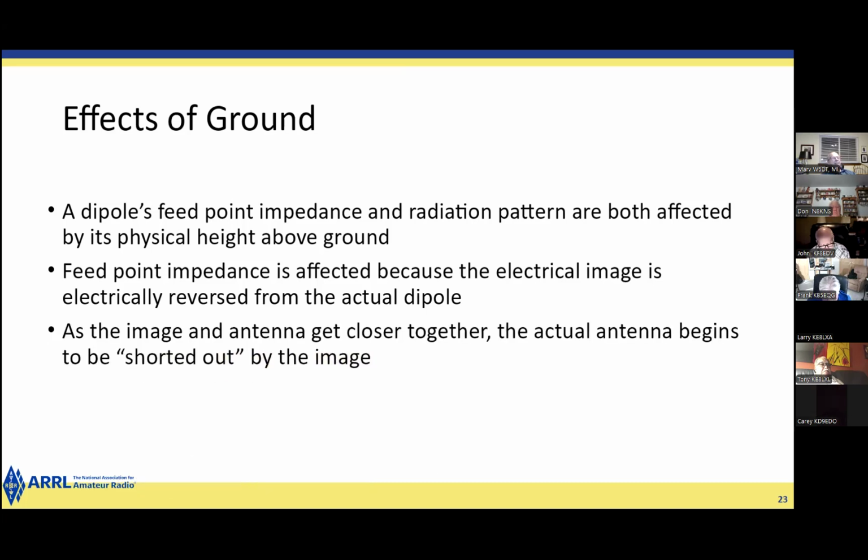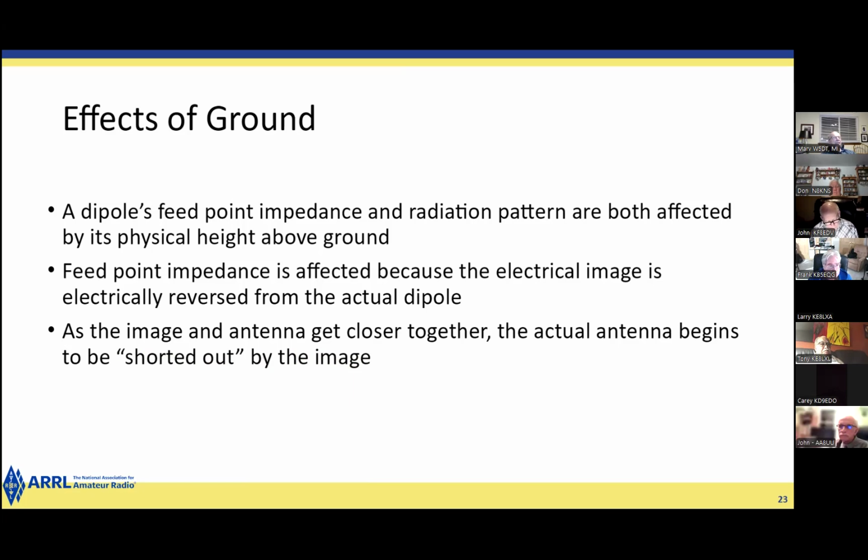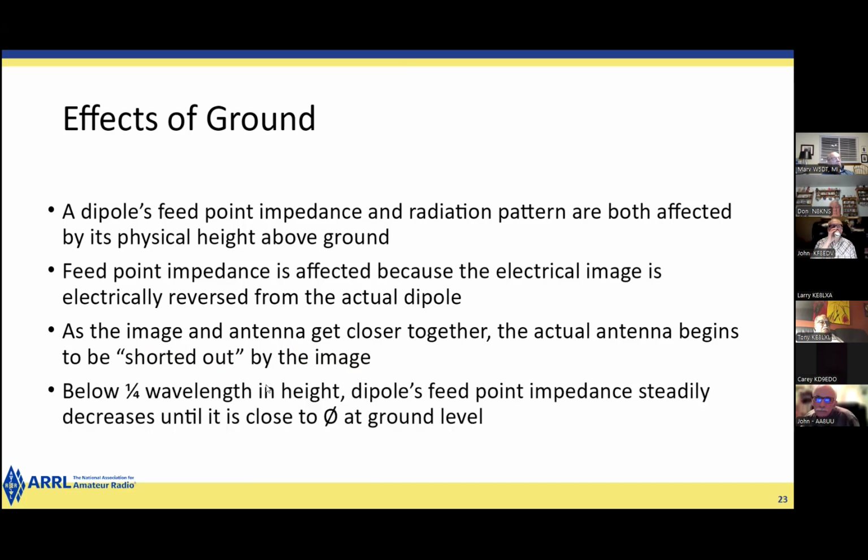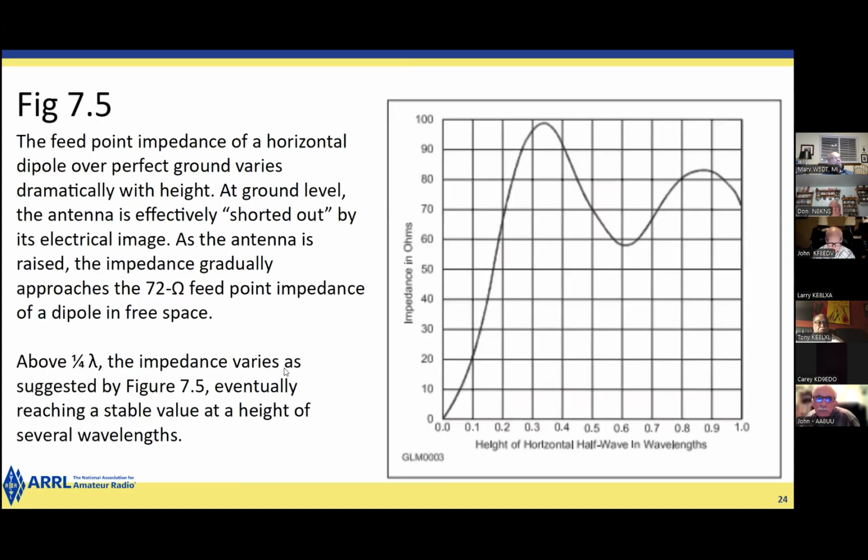As the image and the antenna get closer together, the actual antenna begins to be shorted out by the image. So below a quarter wavelength in height, the dipole feed point impedance steadily decreases until it gets close to zero at ground level. Here's a graph image of it.